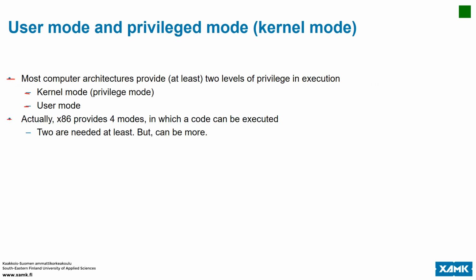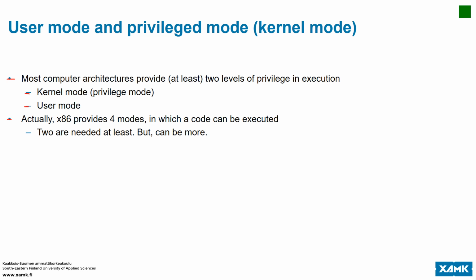This is in practice done by having at least two levels of privilege in execution, and most computer architectures have at least two. The x86 platform, which is the physical processor architecture for most PC computers, there are actually 4 modes, but we need at least 2. We need the kernel mode and the user mode, but there can be more.